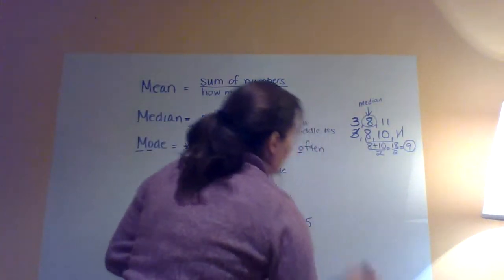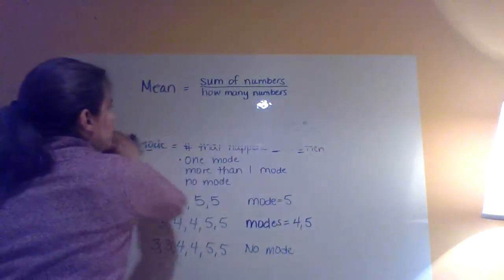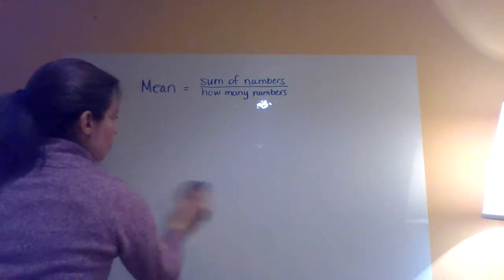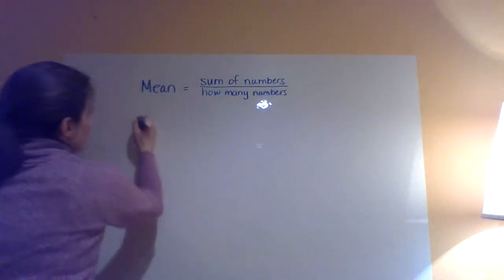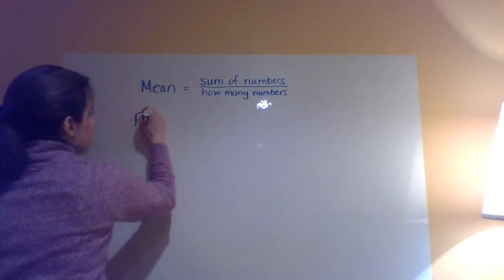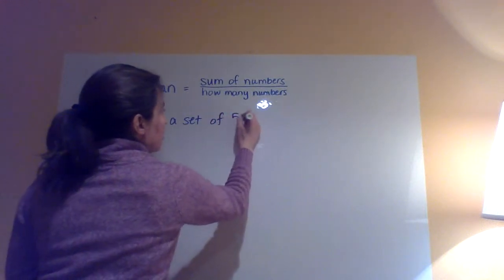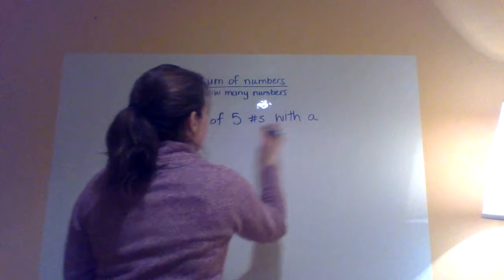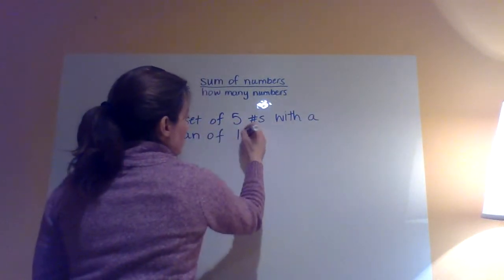One of the things that I know both classes talked about when we did 2.6 was talking about the mean and finding a group of numbers that had a specific mean. So we did things like find a set of 5 numbers with a mean of 10.